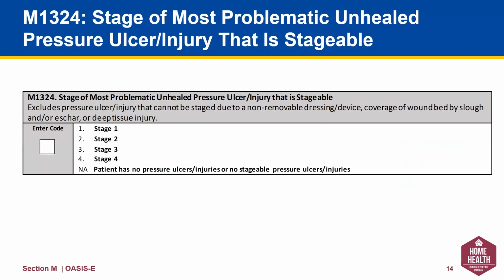Let's move on now to M1324, the stage of the most problematic unhealed pressure ulcer or injury that is stageable. This is a screenshot of this item.